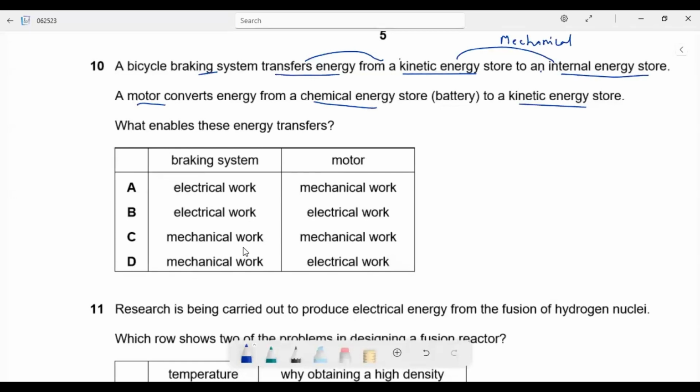And in the case of a motor, the chemical energy is used for electrical work done. Here the right answer is D, braking system: mechanical work is being done. In a motor, inside the coil, electrical work is being done.